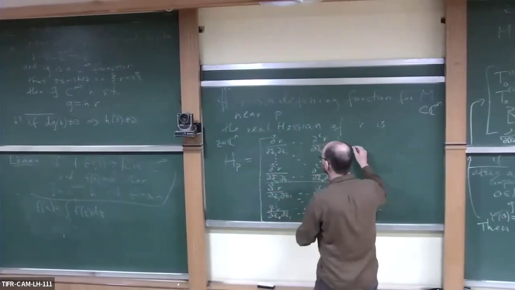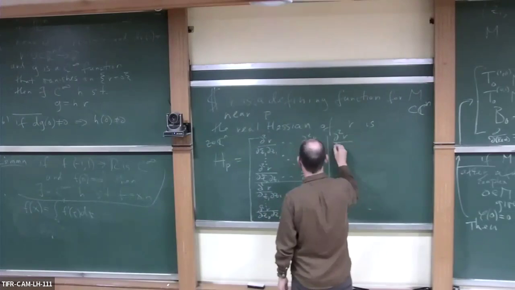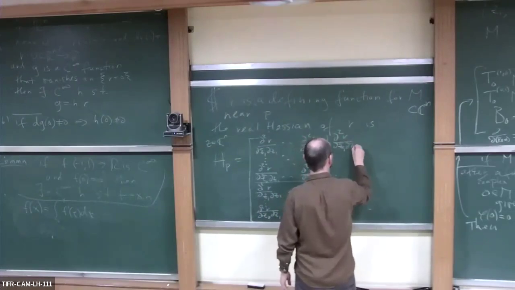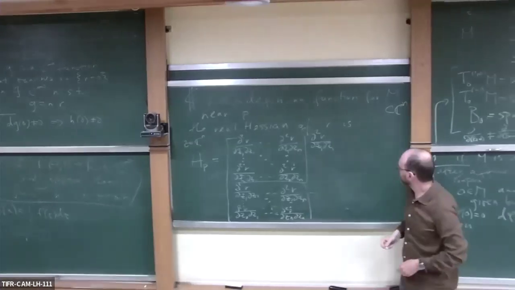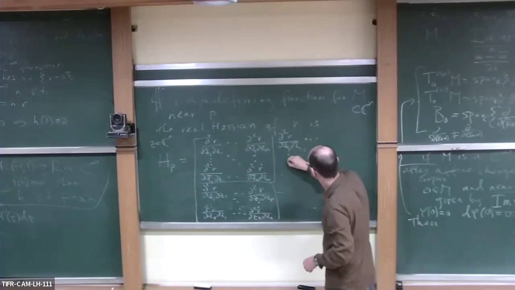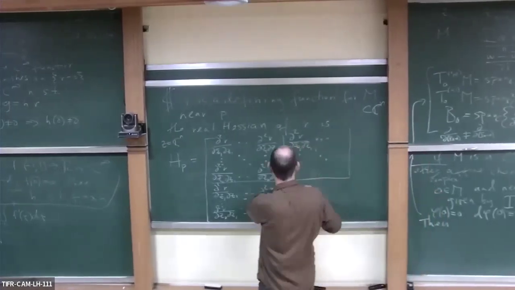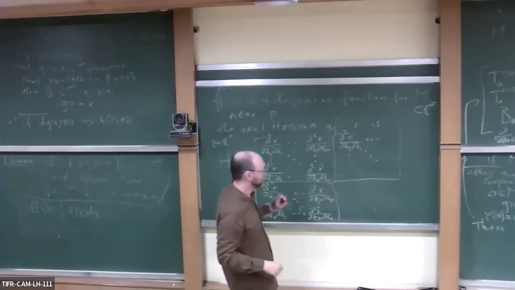And so over here, I won't write down everything, but here I have the Z1 bar, Z1 bar second derivative. I'm not going to write the other ones, but basically I'm just taking the bar of this, right?